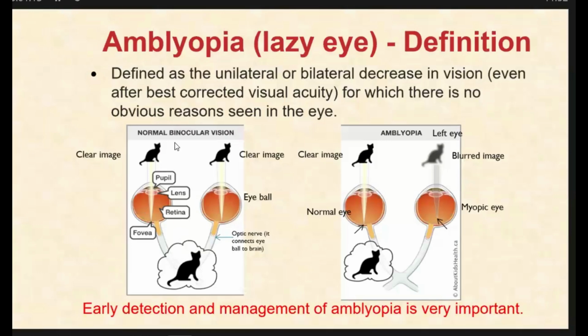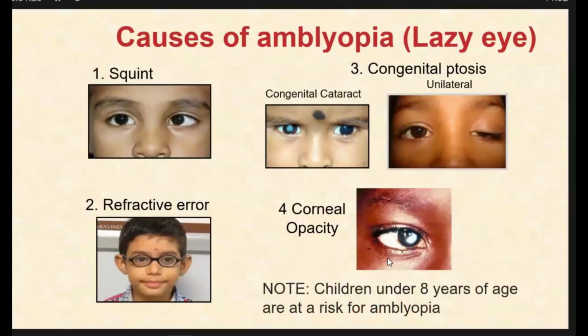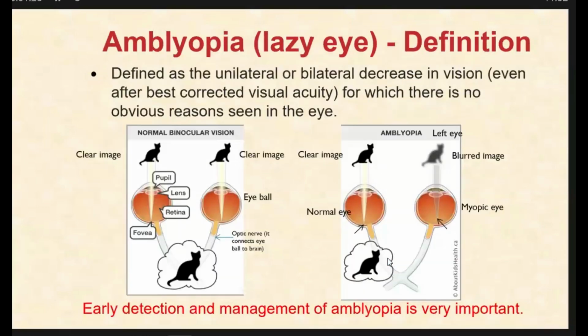The images from the two eyes go to the brain simultaneously. In the second picture, one eye's image clearly goes to the brain, and the other eye's image is blurred because of anisometropia. The other eye is myopic.